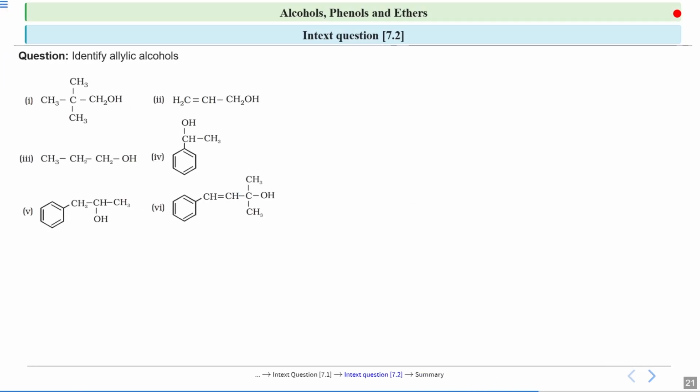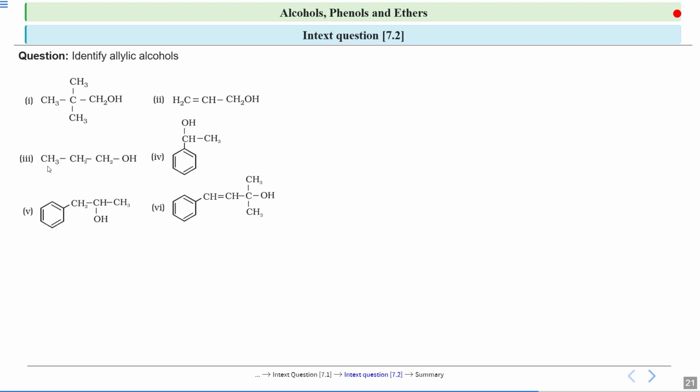Let's see the next question in text question 7.2, which is to identify the allylic alcohols. So we have again been given six parts. First part is CH3, CH3, CH3, CH2OH. Second is CH2 double bond CH, single bond CH2OH.